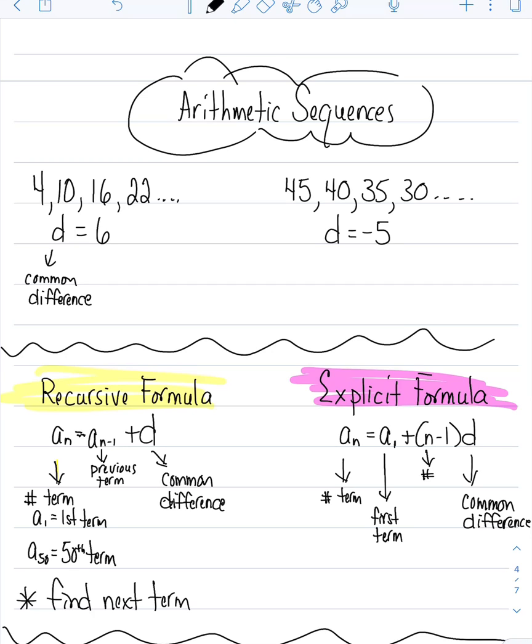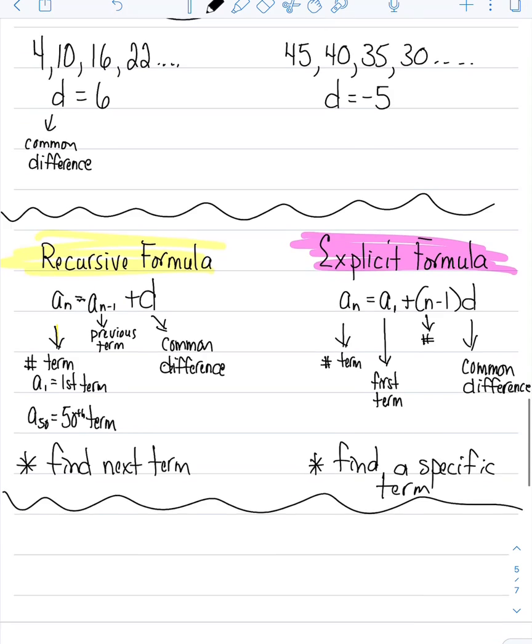The explicit formula helps you find a specific term. So that's going to be good, like let's say you want to find the 500th term or the 20th term. It helps you find something specific. So now let's take a look at how you're actually going to use these in today's lesson.